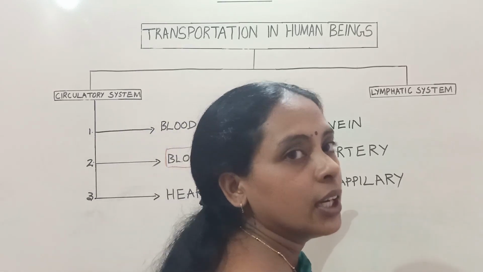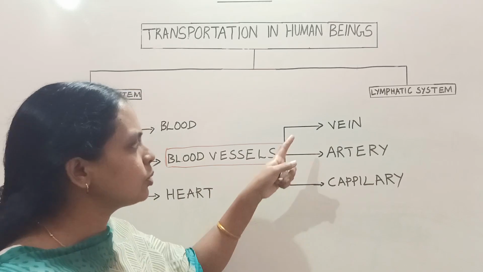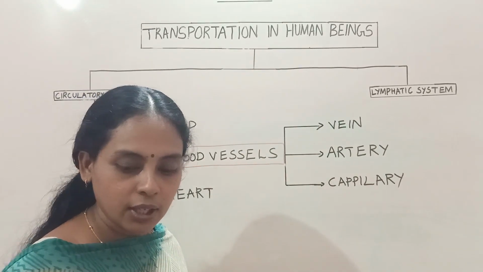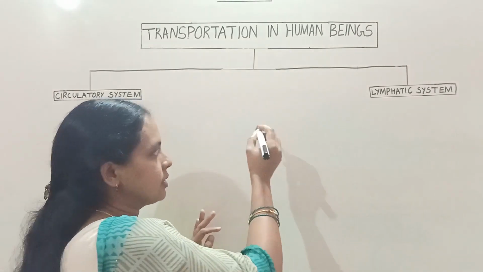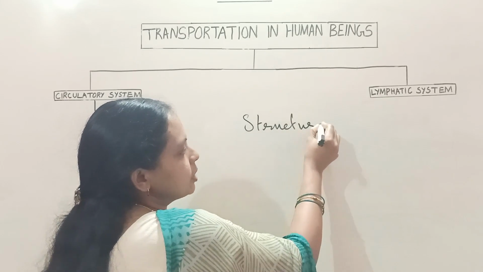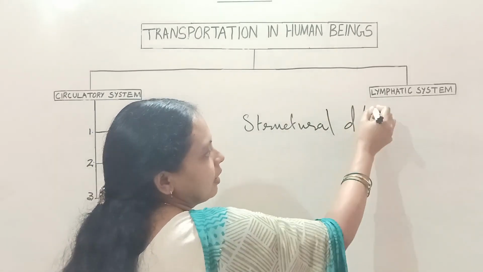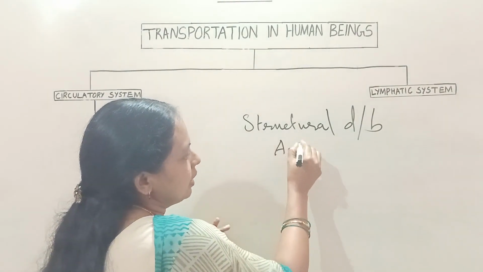Here you have to learn the differences. It's an expected question, a board question: the differences between vein and artery. First, can you tell me the structural differences between artery and vein?